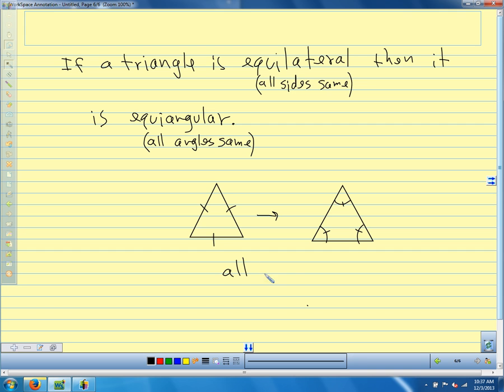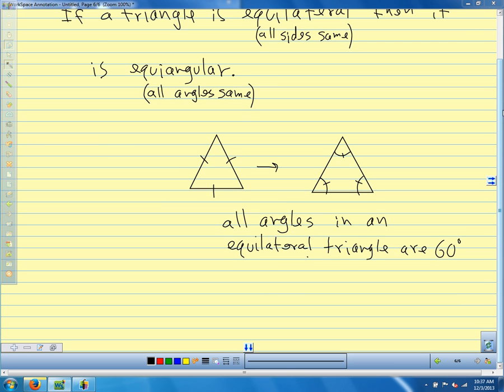So all angles in an equilateral triangle are 60 degrees. So that's kind of a nice thing. And special things happen with equilateral triangles that we'll talk about more second semester.